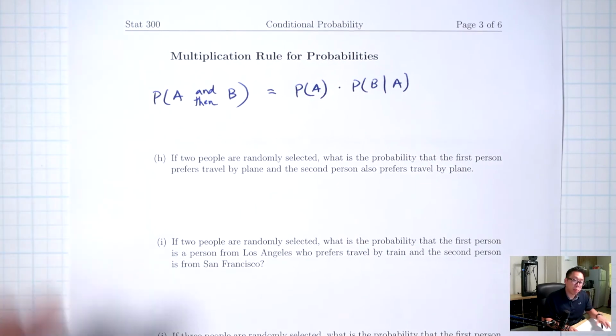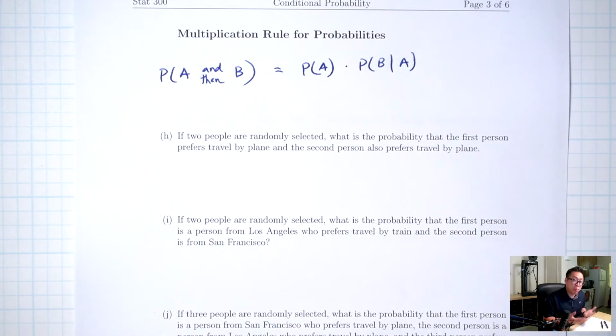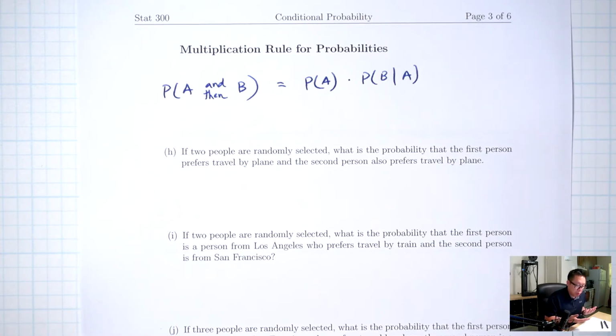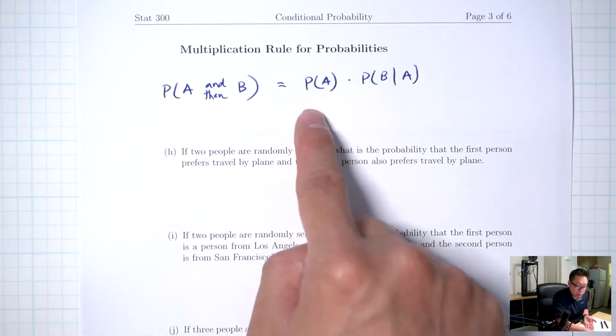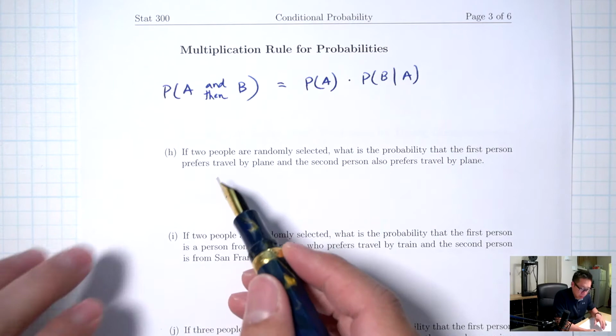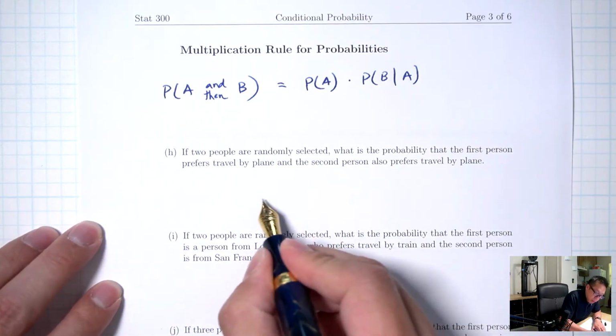And the way we're going to use this multiplication rule is to select two people. One way you can do that is to select one person and then select a second person. And what this is telling me to do is we can do it separately and then just multiply the two fractions. All right, so I'm selecting two people, which means I'll need two fractions.